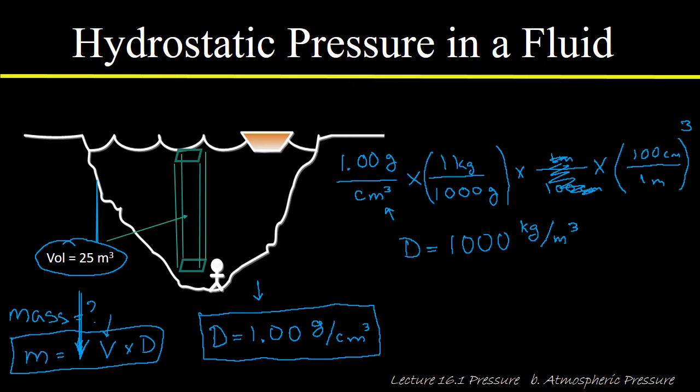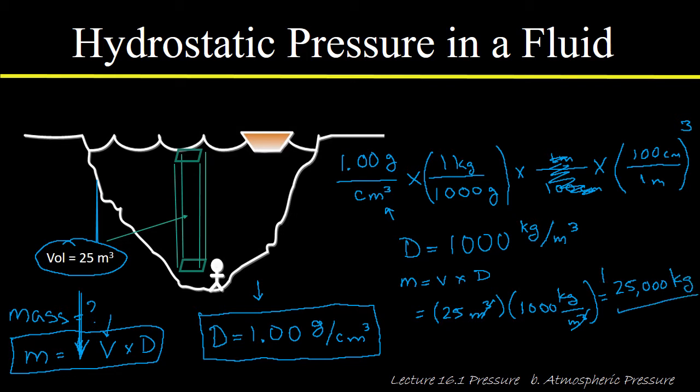To get the mass, mass is the volume times the density, which is 25 cubic meters times 1,000 kilograms per cubic meter, which is 25,000 kilograms.